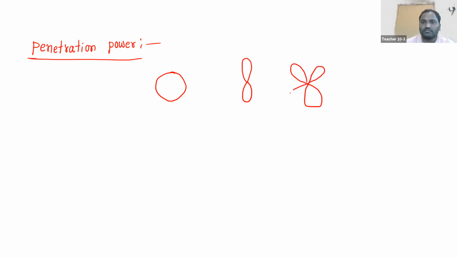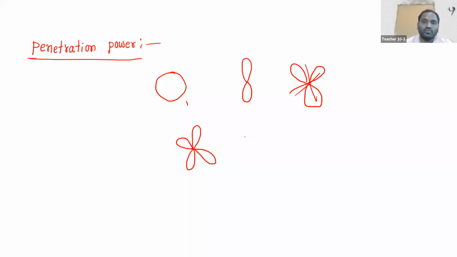See students, s orbital shape is like this. p orbital shape is like this. d orbital shape is like this, double dumbbell. Actually, f orbital shape is triple dumbbell. It's a little complex. No need to write.